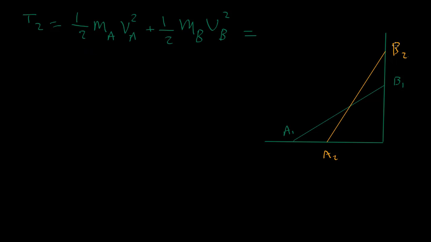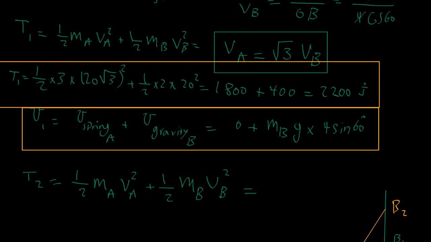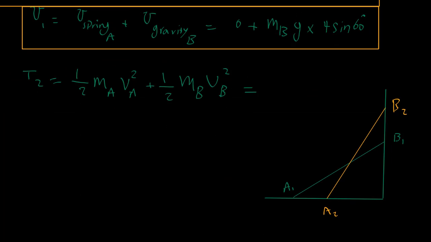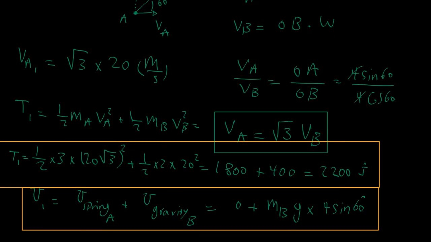So we don't have the velocity of either of these points, but we know that their velocities should hold this equation true, because we derived this. Again, we can do the same thing here. So we can assume that this angle is theta. Actually, the square root of 3, we don't have that anymore. If we consider this as theta, we would have the same argument, but instead of sine 60 here, we would have sine theta, cosine theta.